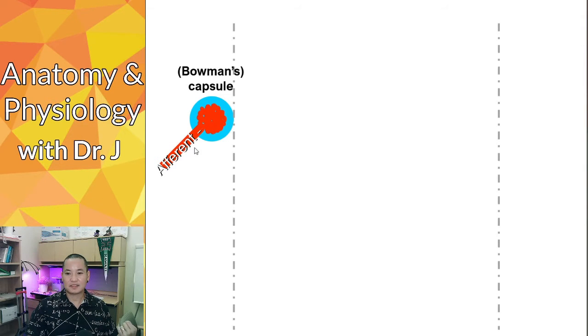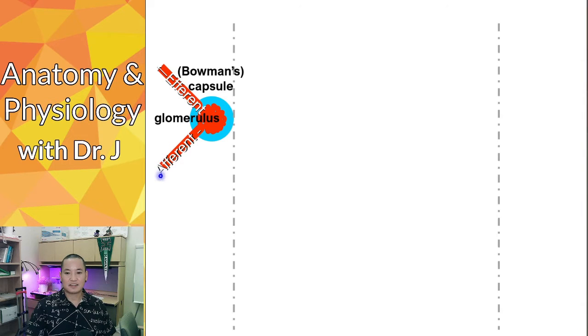Now you're at the glomerulus, which is capillaries arranged in a different tangled form that's not like our typical capillary beds. From the glomerulus, you have arterioles that lead away from it. These are called efferent arterioles.